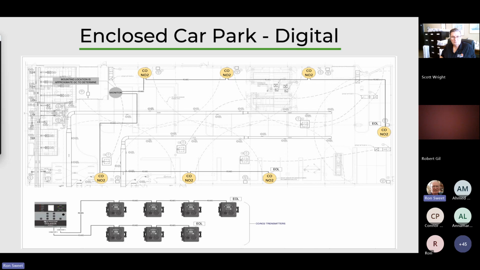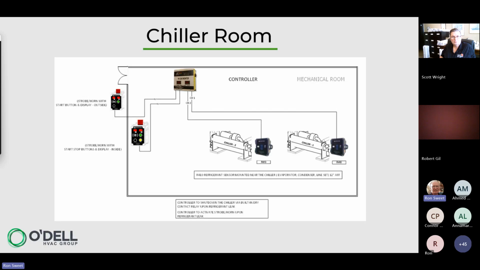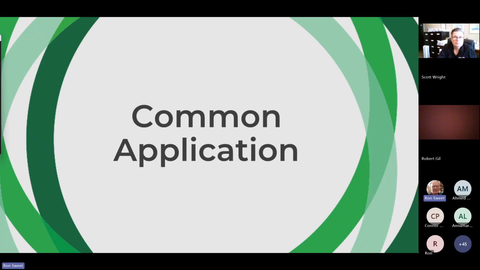We can show you how you've got different types of outputs to activate different types of ventilation components, anything from ECM motor right up to a VFD, right up to a simple on and off type of ventilation fan. All of those different types of systems, we have access to them. We can show you how to set them up and design them.